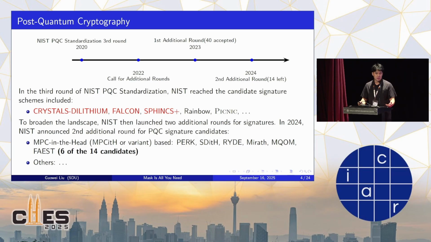To broaden the landscape, NIST then launched additional rounds for signatures. In 2024, NIST announced the second additional round for PQC signature candidates, and there are 14 candidates, with 6 based on MPC in the Head, such as Perk, SDitH, and so on.